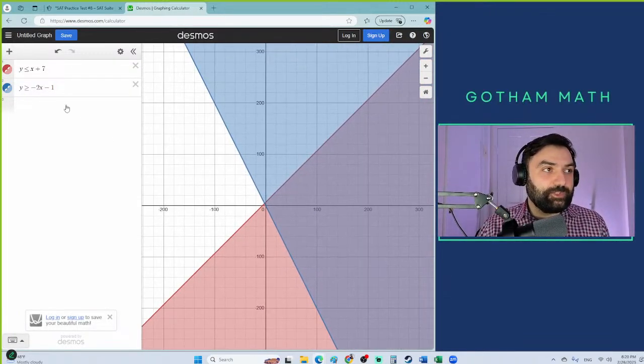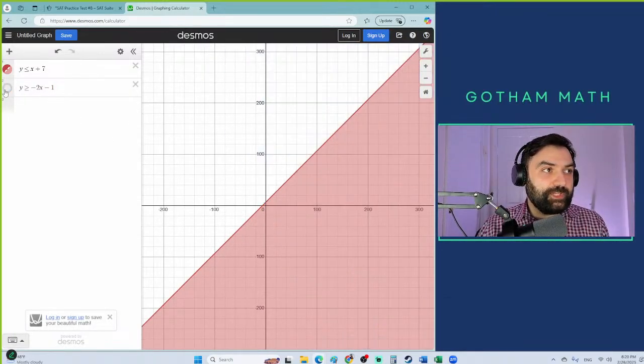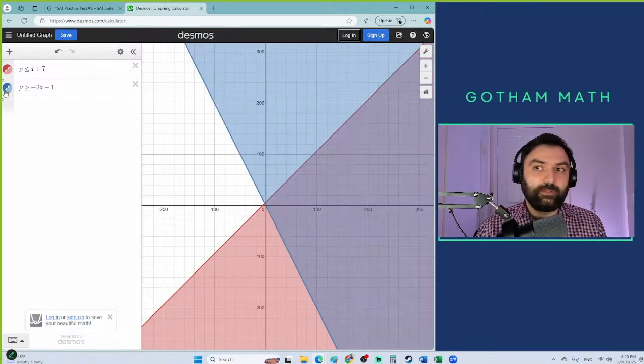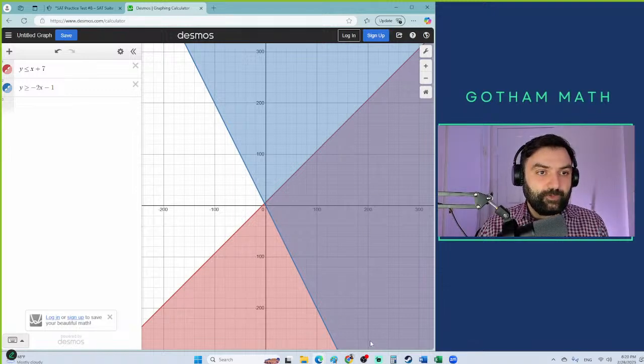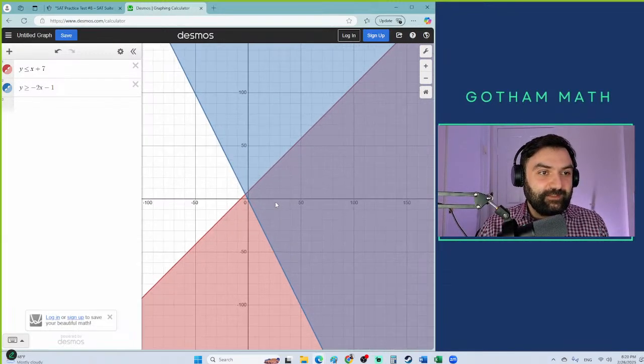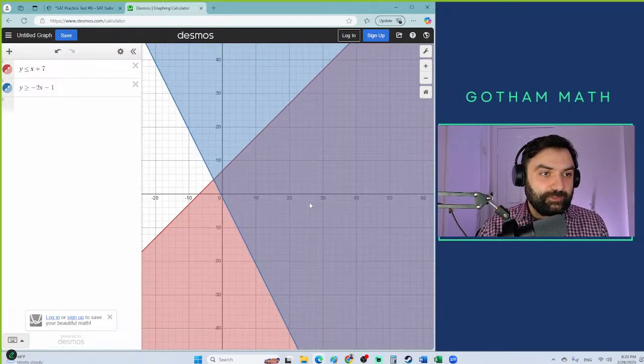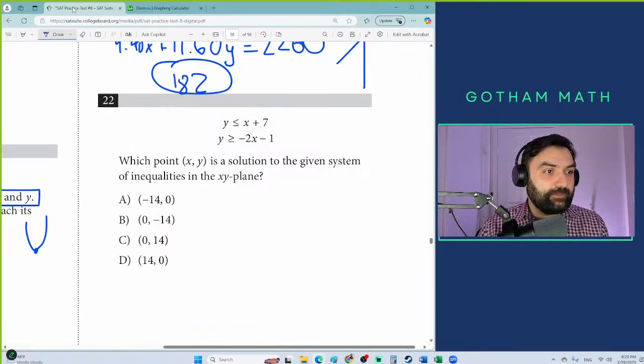So where is the solution? The solution is where the double shading is. You see, I just turned off one of them, but when I turn it on, we see that the double shading is in that region over here. So all we have to do is find a point that's within that double shaded region. So which one is that?